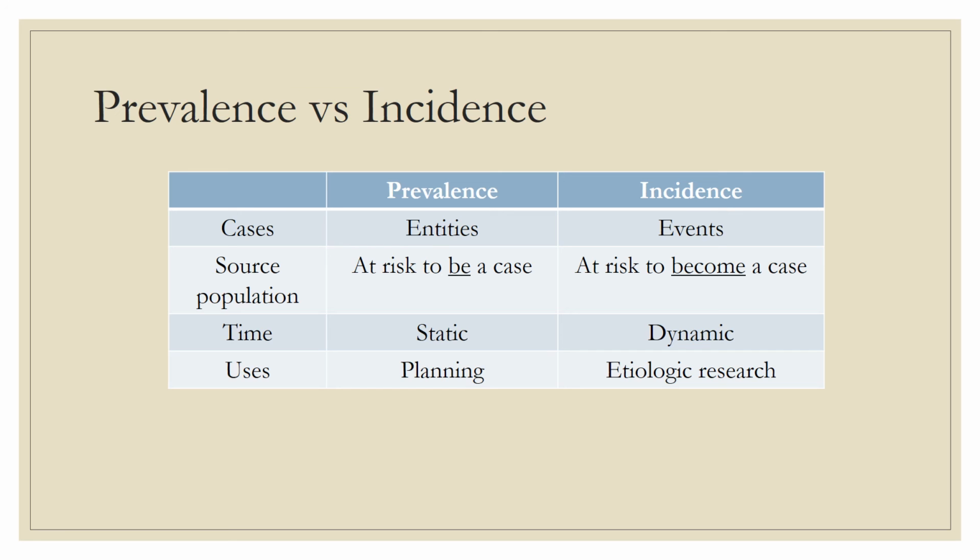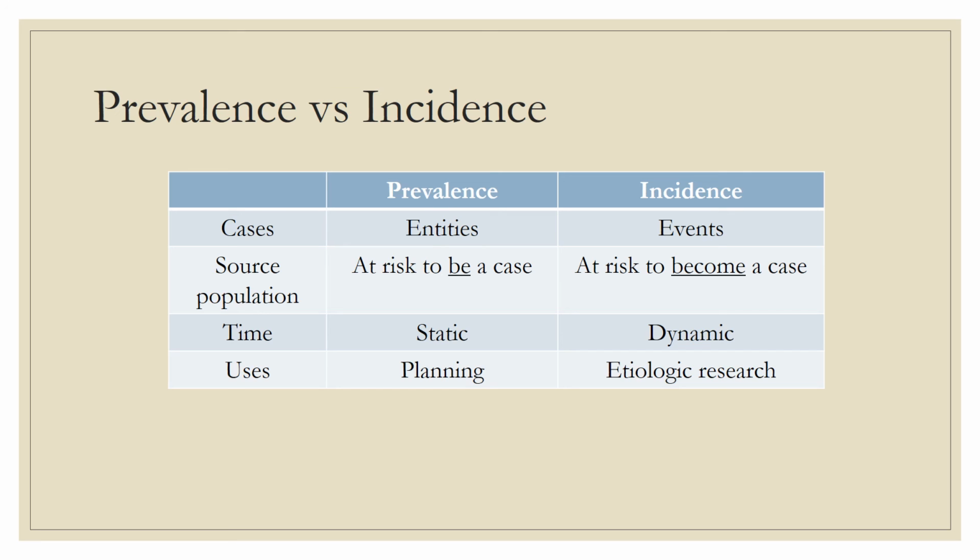If we know the prevalence of, say, type 2 diabetes, we can know what kind of health care needs to be provided, how many physicians are needed in each portion of the country or the state or the city, what kind of infrastructure demands are going to be in place based on the prevalence of certain diseases, whereas incidence is typically used for etiologic research.